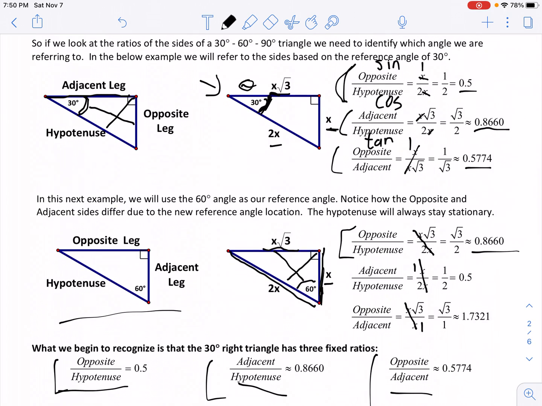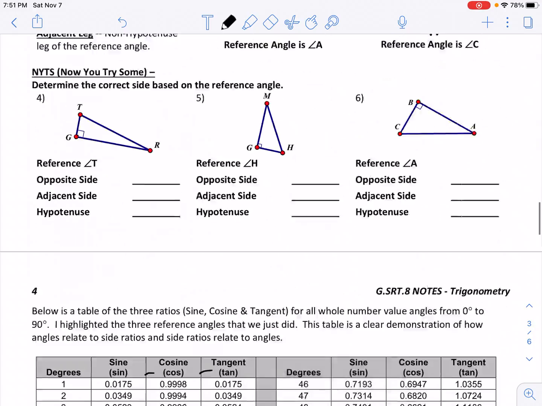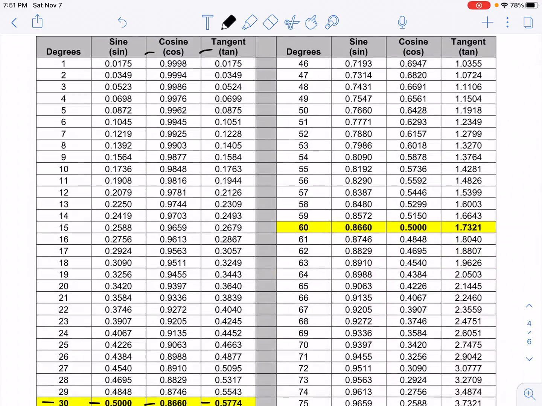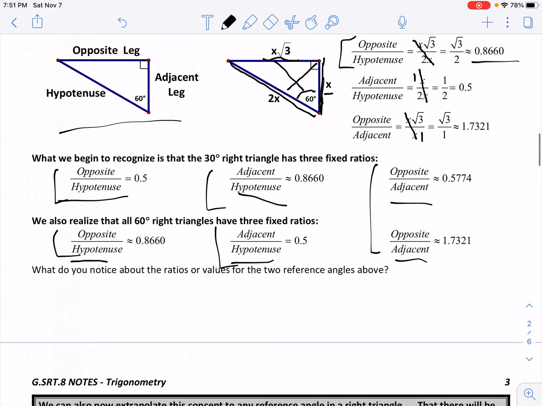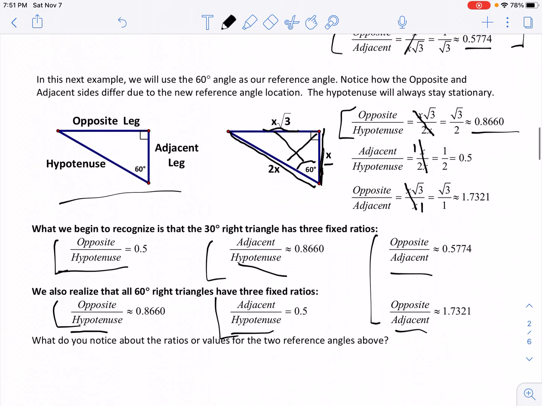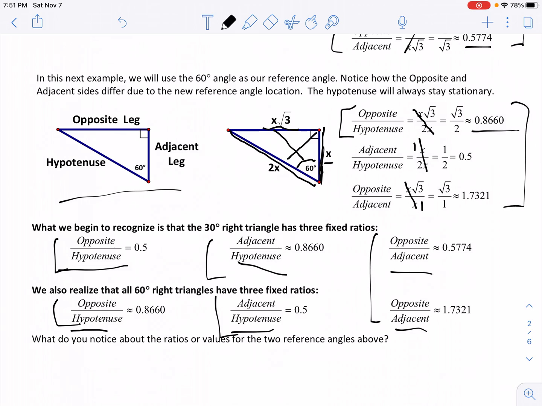And then for 60 degrees, same thing. Sine, opposite over hypotenuse. Cosine, adjacent over hypotenuse. And tangent, opposite over adjacent. Those numbers match these numbers for our 60 degrees up here.